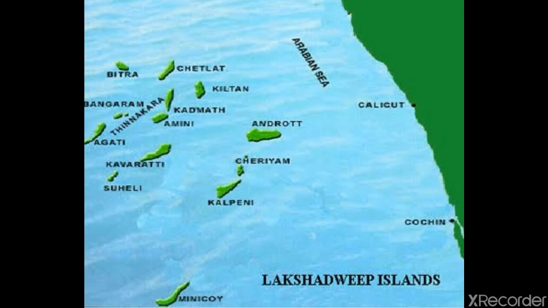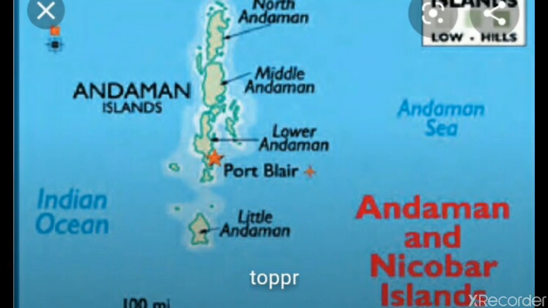On your screen you are seeing the Lakshadweep group of islands, which lies in the Arabian Sea, and then you have the Andaman and Nicobar Islands that lie in the Bay of Bengal.